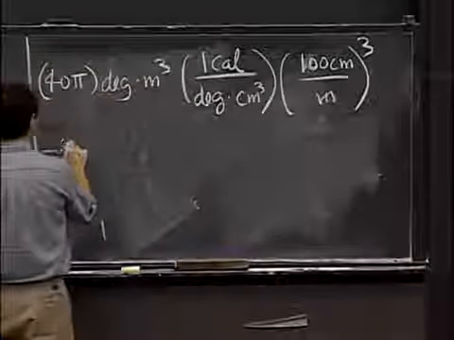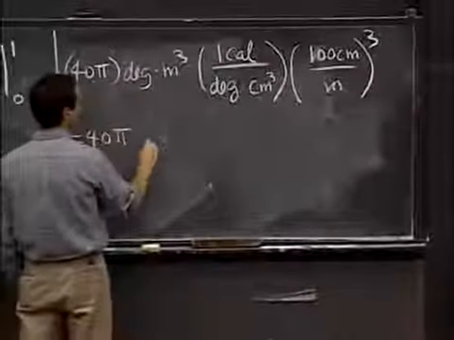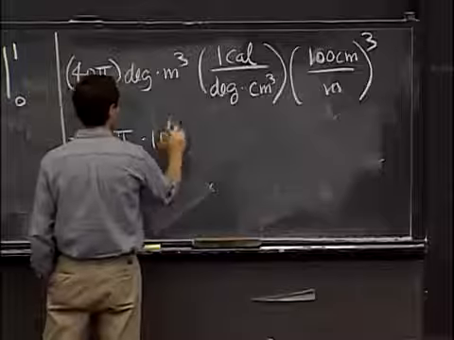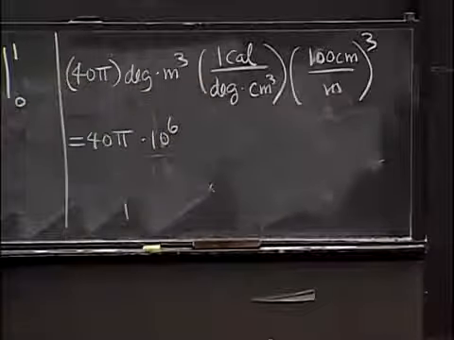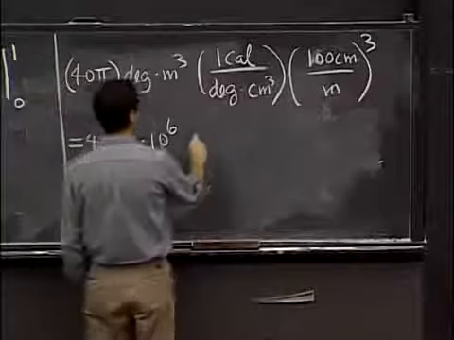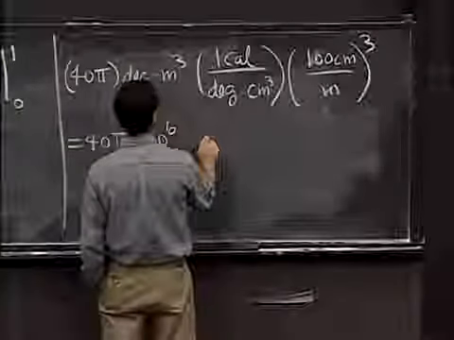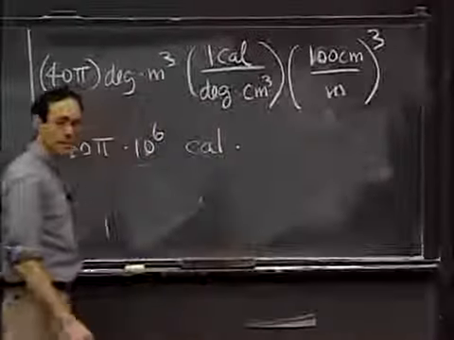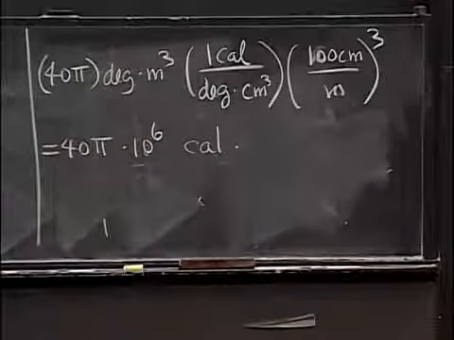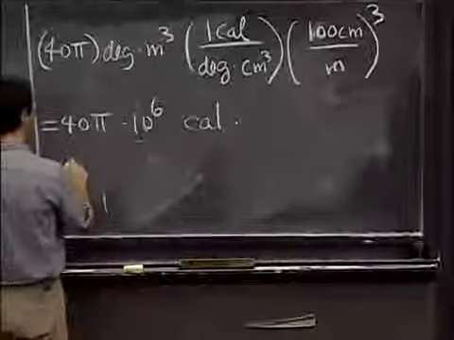And so I get 40 pi times 10 to the 6th, that's 100 cubed, and this is in calories. Right? So how much is this?